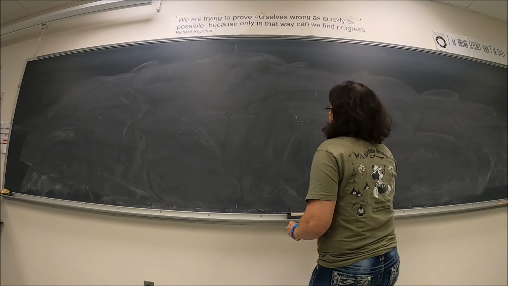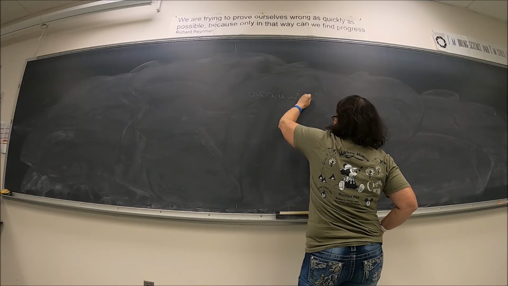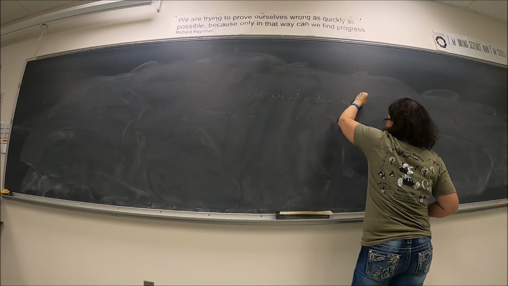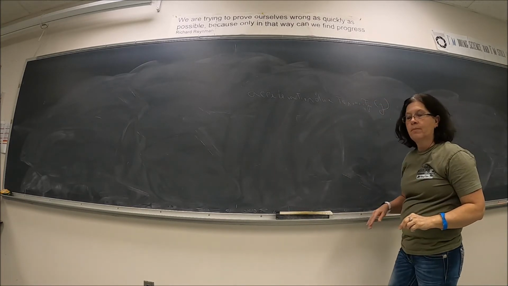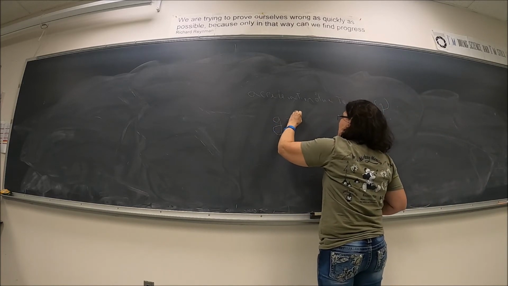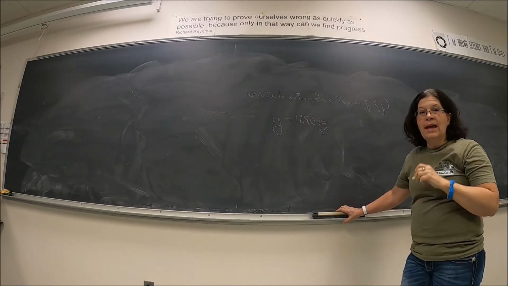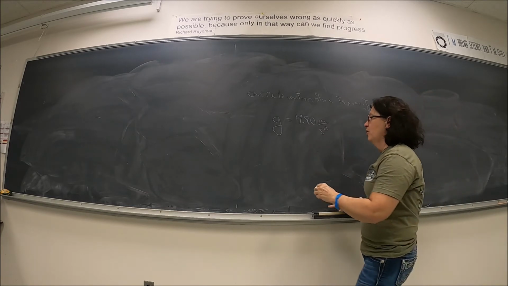Okay? Now, when an object is in free fall, it has an acceleration due to gravity. Okay? So the acceleration due to gravity on the Earth has a symbol of lowercase g. And g has a magnitude of 9.80 meters per second squared. Any object that's in free fall is going to have an acceleration of this magnitude.